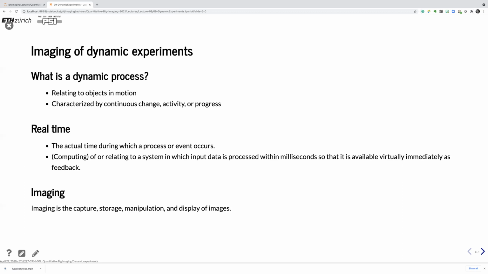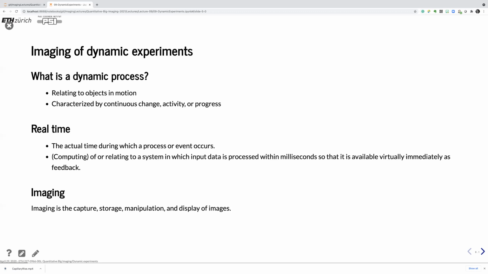In computing, there is always the talk about real-time systems, and this is in principle that the data should be available so that you have a virtually immediate feedback from the processing. Real-time, in this case, when we're talking about experiments, is mainly about how well you can capture the process.